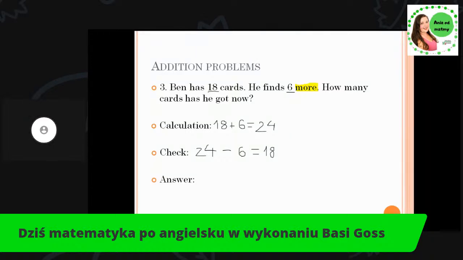And his name's Ben. A good sentence that we can use for the answer to this problem is Ben has 24 cards.